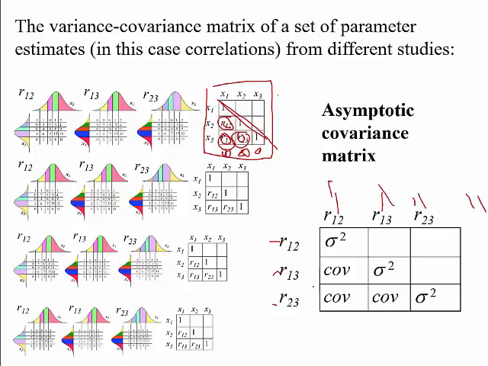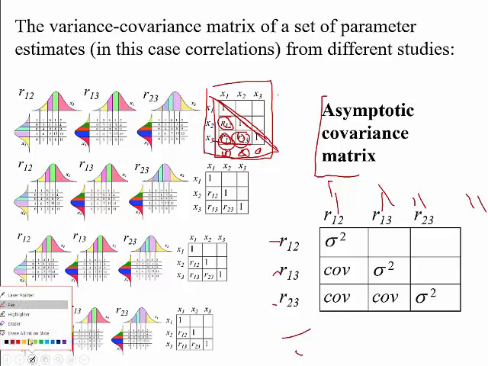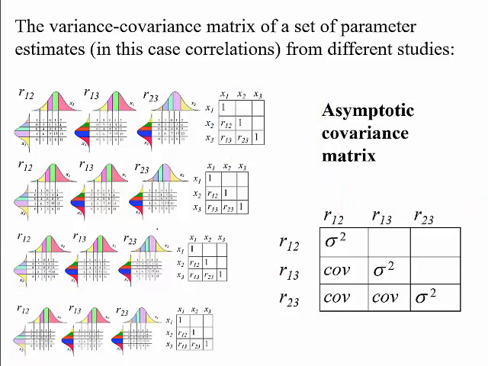I'd have to have another 3 rows and another 3 columns. So however many correlations there are, if I have 6 correlations, it's going to be 6 by 6. If I have just 3 correlations, it'll be 3 by 3. Usually we have a lot more than 3 or 6 because questionnaires usually have lots of items on them.